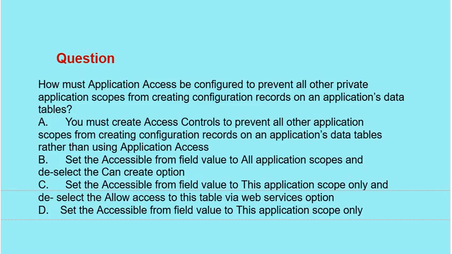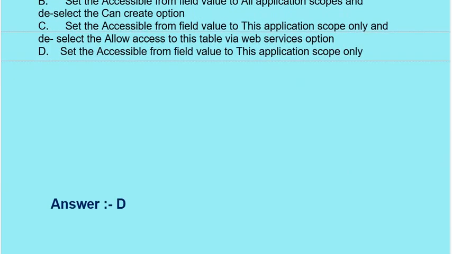Option B, set the accessible from field value to all application scopes and deselect the can create option. Option C, set the accessible from field value to this application scope only and deselect the allow access to this table via web services option. Option D, set the accessible from field value to this application scope only. Correct answer is option D.